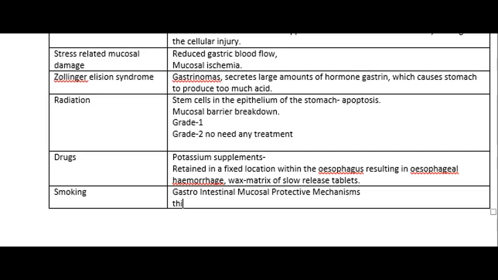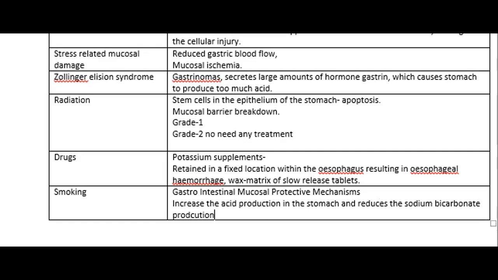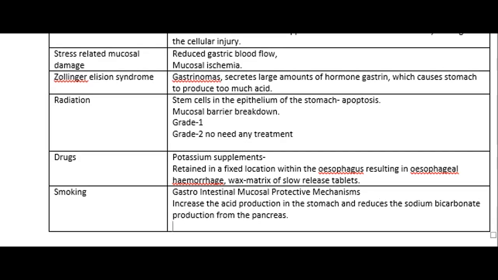That is, smoking can increase the acid production in the stomach and also reduce the sodium bicarbonate production from the pancreas. And another thing it causes is pyloric valve damage.